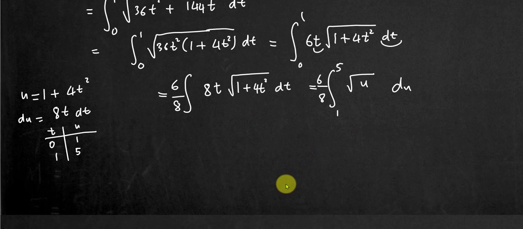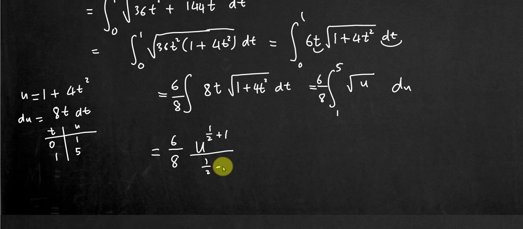And finally, we can apply the power rule and then find the integral. This is the power of 1/2 for the square root. So I just have to take 1/2, add 1, and then divide by that. Alright, and then we evaluate from 1 to 5, and that would give me, if you simplify this one, this is 3 over 4, and 1/2 plus 1, that is 3/2.